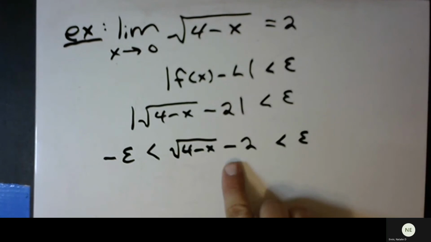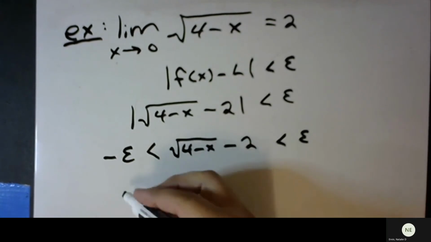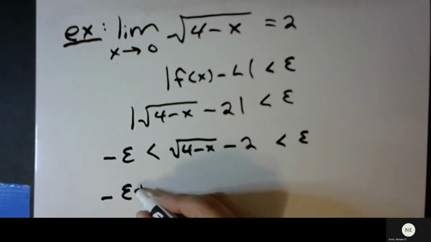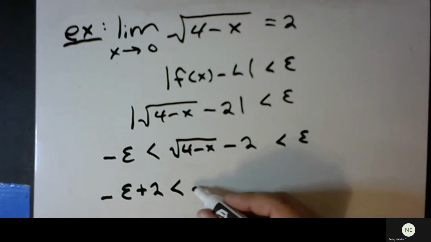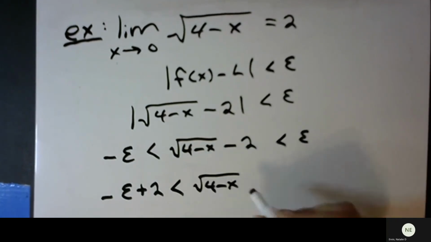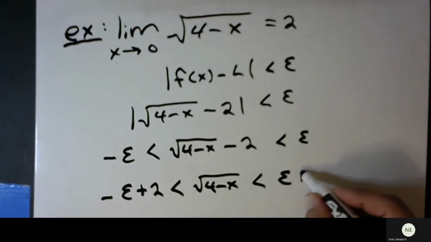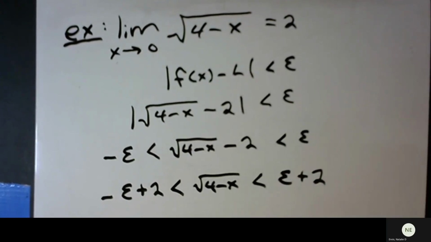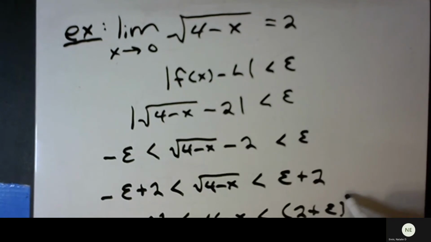And then we can add the 2 to both sides. And then we can square everything. Right, this is 2 minus epsilon squared. If we square this, we'll get 4 minus x less than 2 plus epsilon squared.